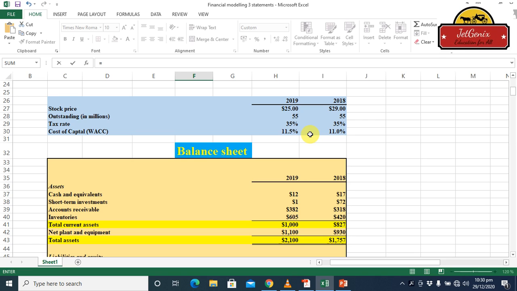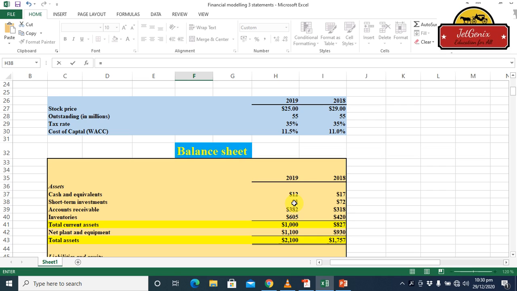The first thing we are going to select is the short-term investment for 2019, and then press plus. No, wait, short-term investments are not operating assets.